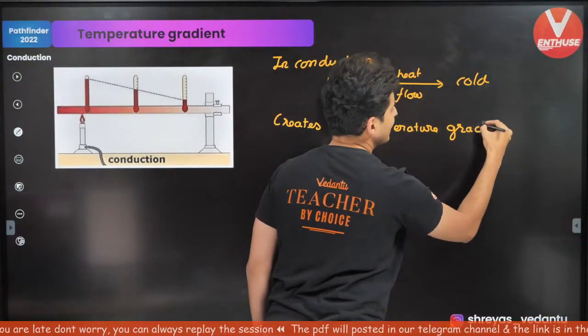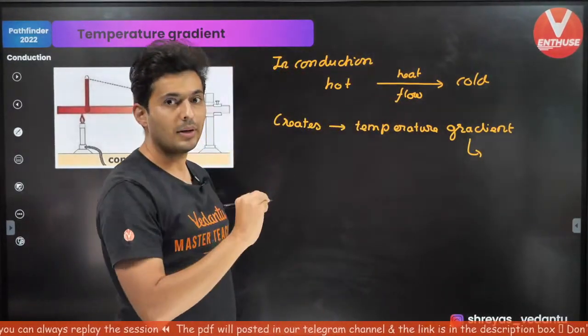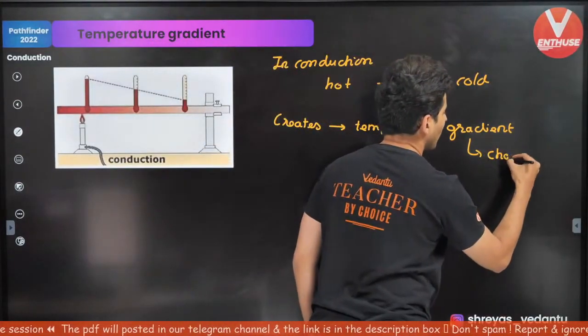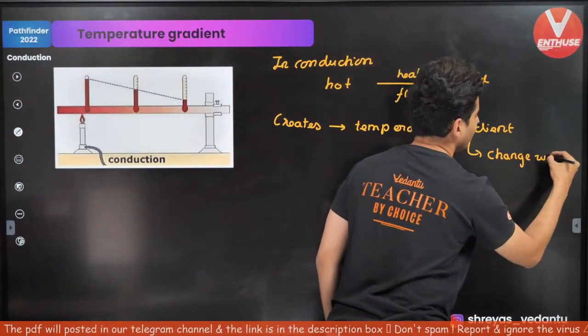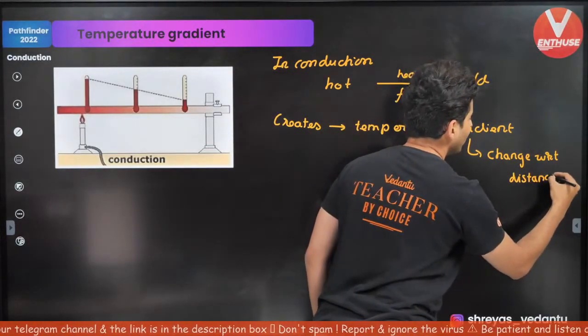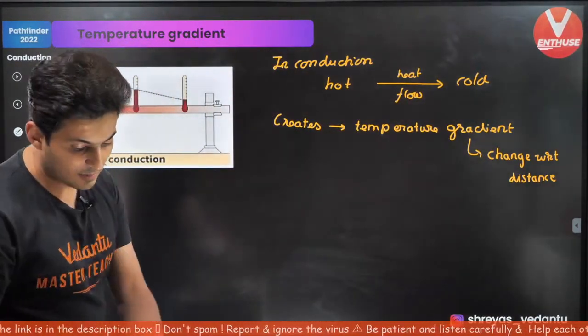Now, the moment you see the word gradient, you should remember gradient stands for change with respect to distance. So gradient is always change with respect to the distance. Temperature gradient is the rate of change of temperature with respect to the distance.